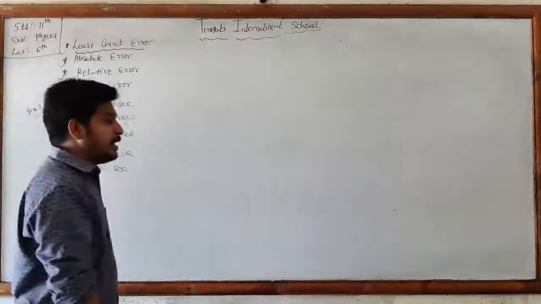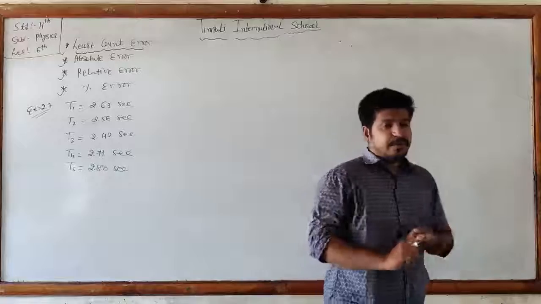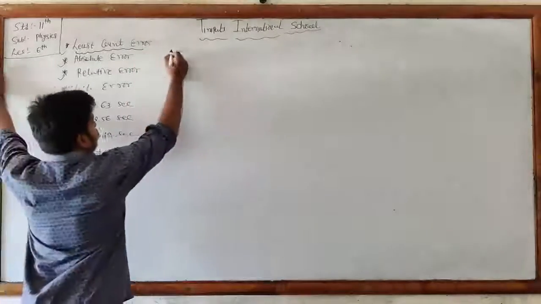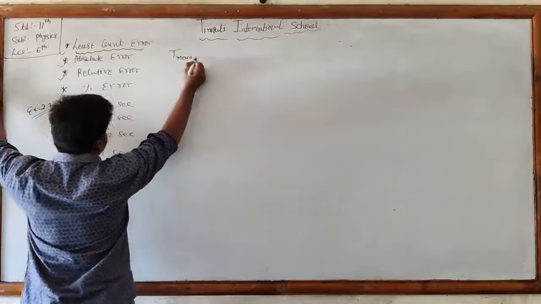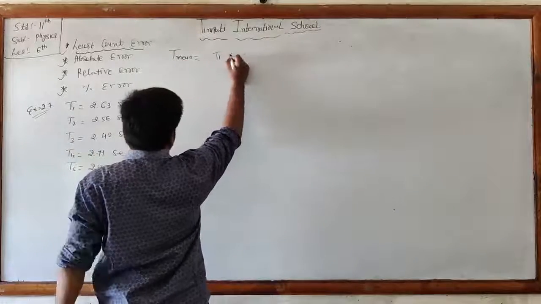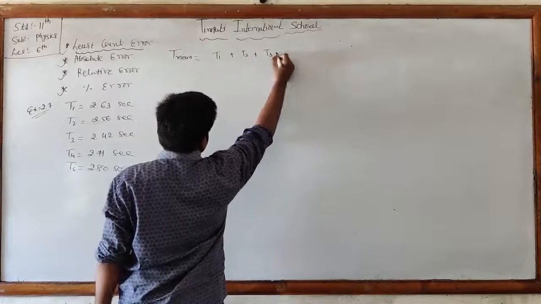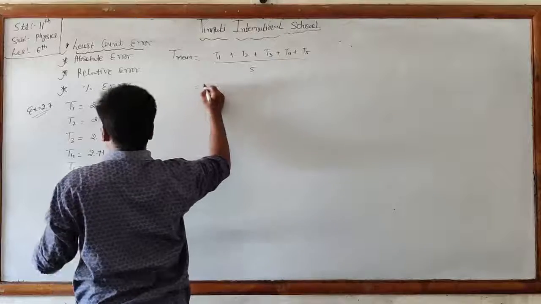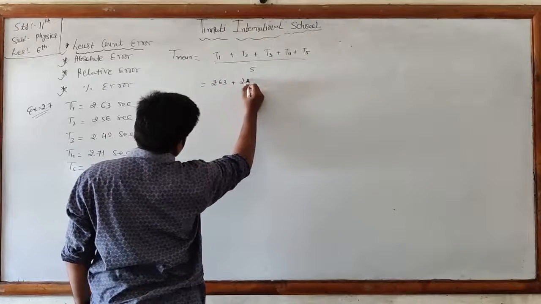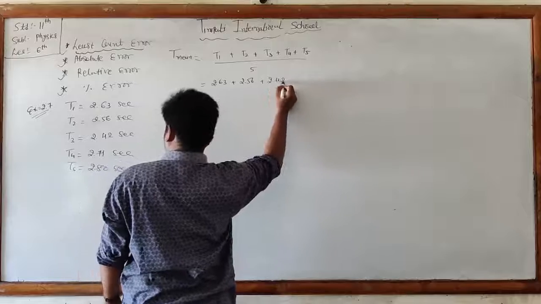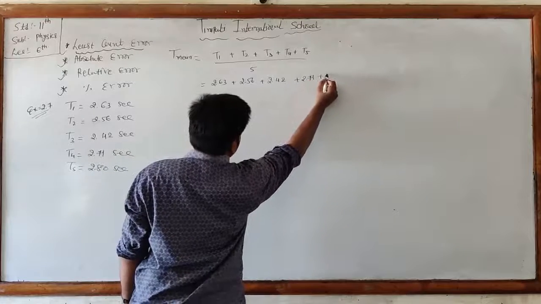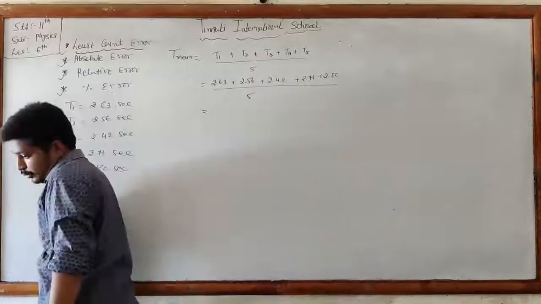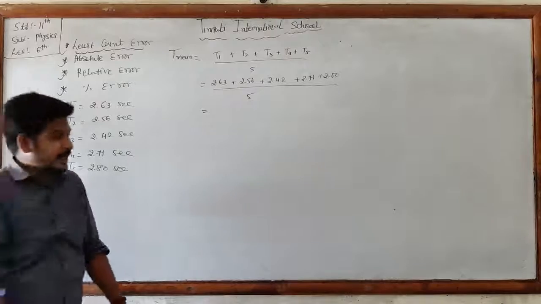Now the first step is to find the mean of all our observations. So T mean is equal to T1 plus T2 plus T3 plus T4 plus T5 divided by 5. That is 2.63 plus 2.56 plus 2.42 plus 2.71 plus 2.80 divided by 5, so you will get 2.62 seconds.